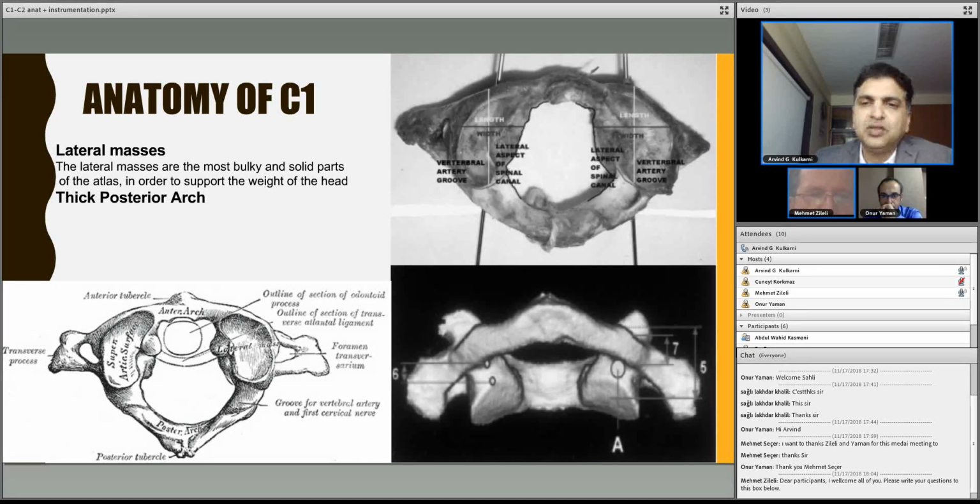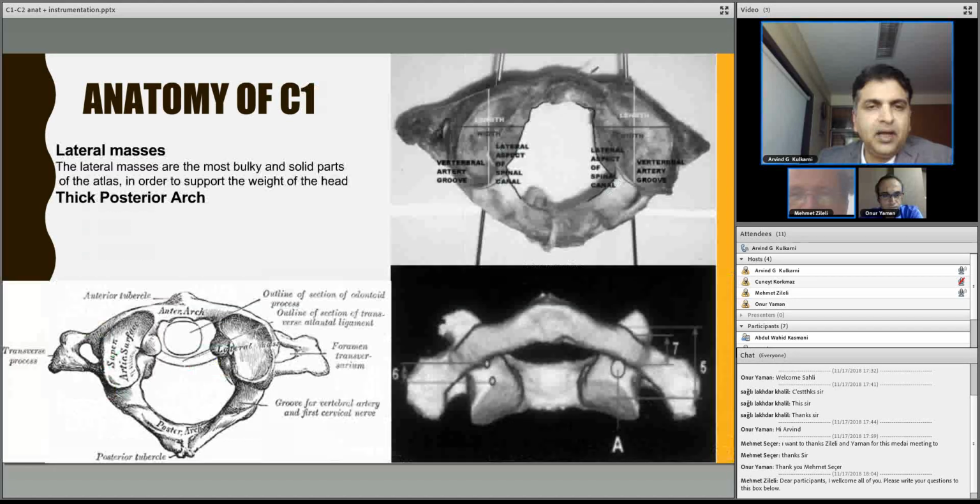This is where the fourth portion of the vertebral artery is seen before it winds around the vertebral artery groove on the posterior arch and enters the skull base. This is relevant because if your C1 lateral mass screw is too lateral, you can injure the vertebral artery. So you should be very cautious about the trajectory of the C1 lateral mass screw. This is the entry point of the C1 lateral mass screw. We'll discuss these issues in the next few slides.